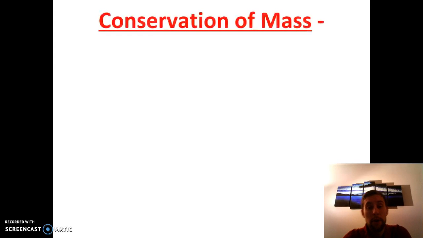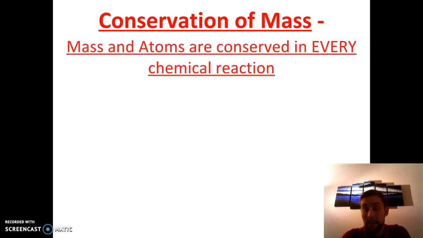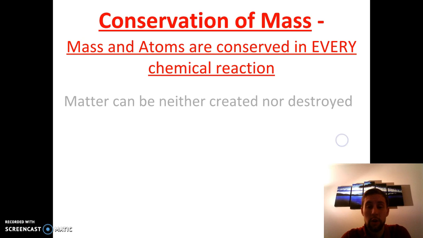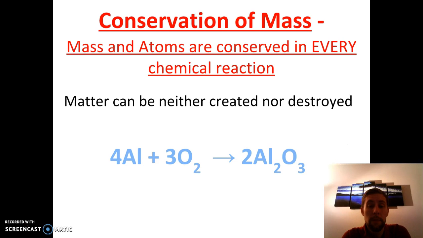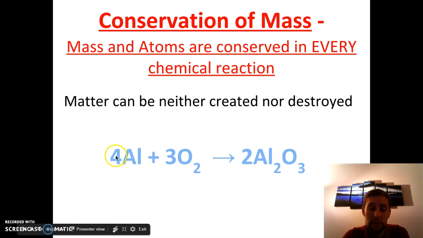Before we do that, though, we have to know about conservation of mass. This basically means that mass, and therefore atoms, are conserved in every single chemical reaction. You cannot lose or gain any, no matter what happens. So in this equation, we've got aluminum plus oxygen goes to aluminum oxide. But note, that's why we had to add these balancing numbers in our previous lesson, because we can't have any aluminum disappearing or extra aluminum showing up.